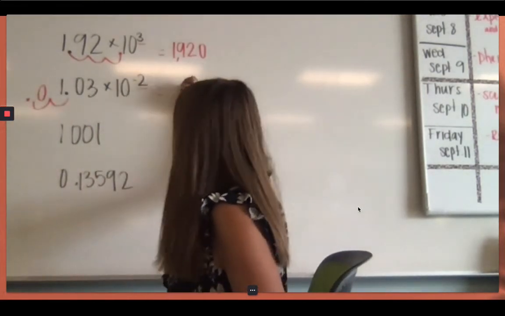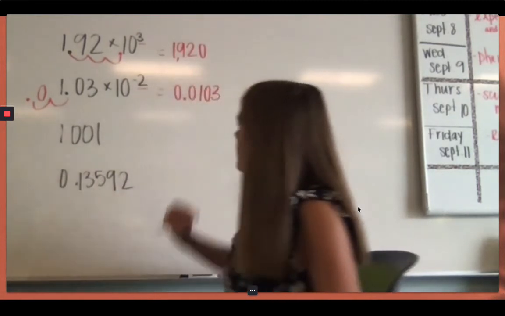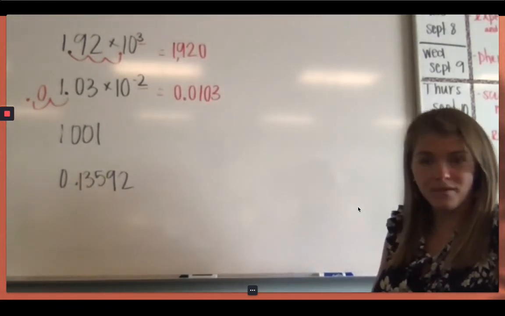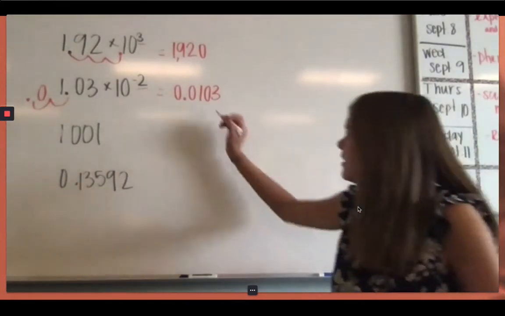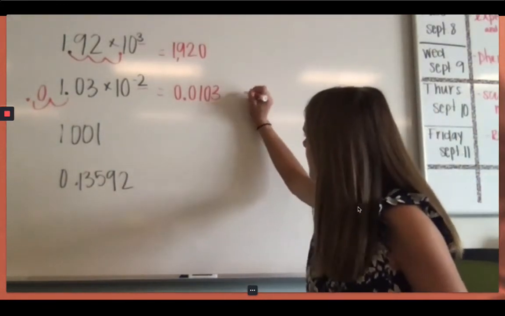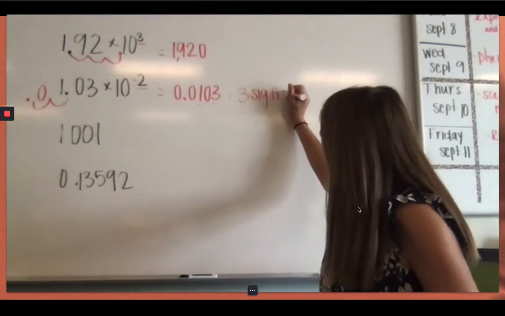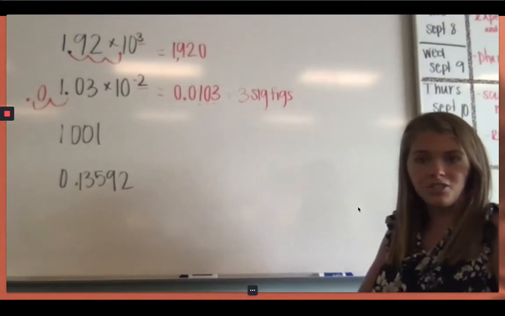So our answer is 0.0103. Quick review question. How many sig figs are in that answer? Hopefully you said 3 sig figs. So that's how you go from scientific notation to general notation.